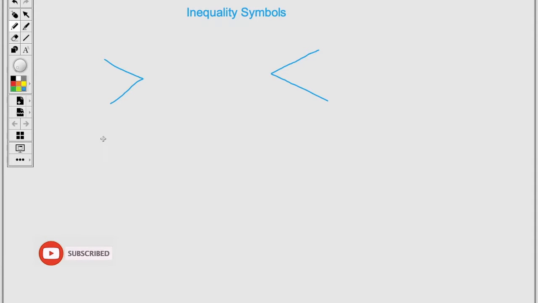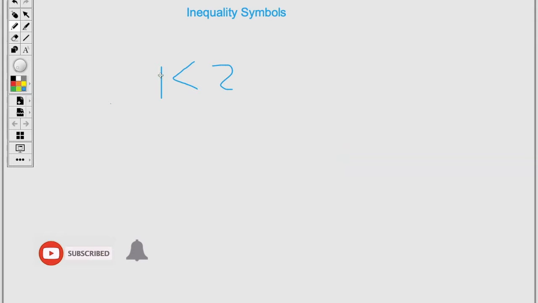If I have this, it represents greater than or equal to. If I have this, it represents lesser than or equal to. Remember I said this is the smaller side and this is a greater than sign.